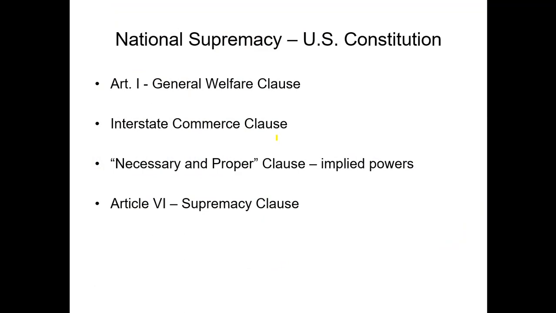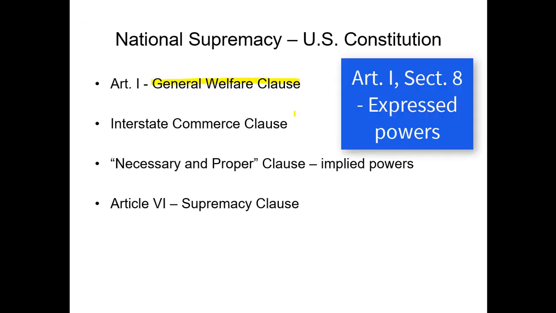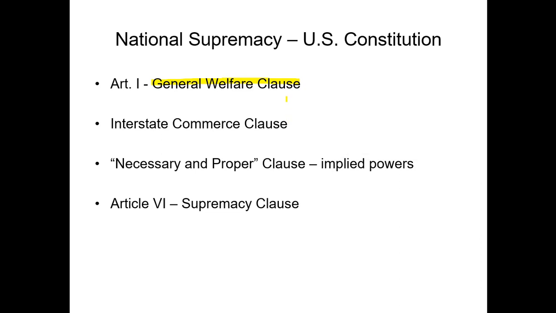Now, some detail here as far as the supremacy of the U.S. Constitution. And what Article 1 spells out in Section 8 are the expressed powers, and that includes the General Welfare Clause, that Congress can pass laws that they think are in the general welfare of the United States.